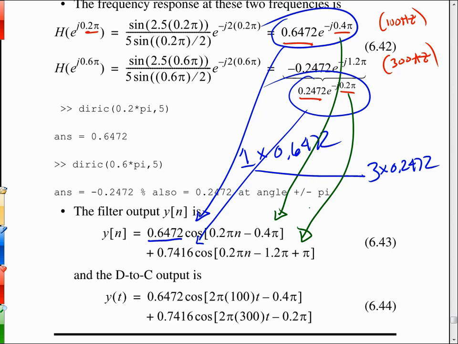And I worked this problem differently at first, so I had the minus 1.2 pi and then I had a plus pi, but that nets out to being the same as minus 0.2 pi. Reasonable? Is it all that complicated?